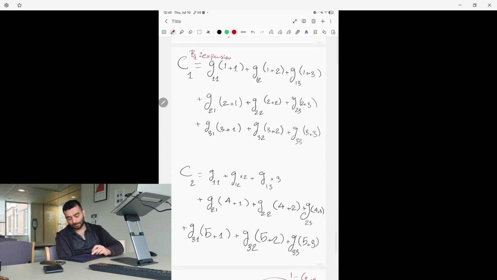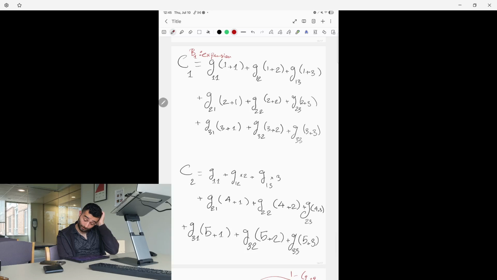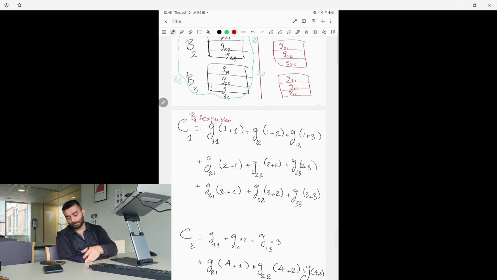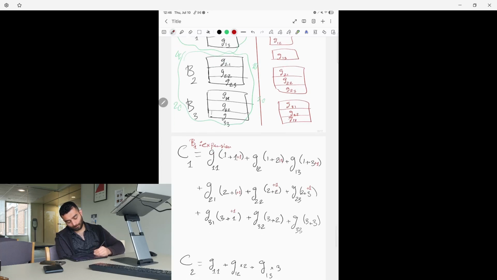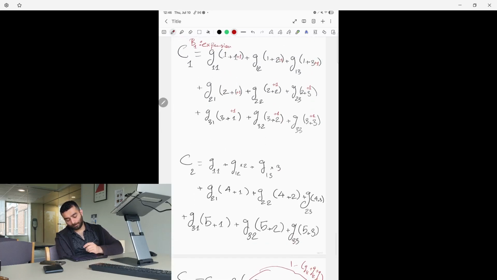So C1 is this, C2 is... C1 is this, sorry, plus 1 is missing. Plus 1. What about 2?